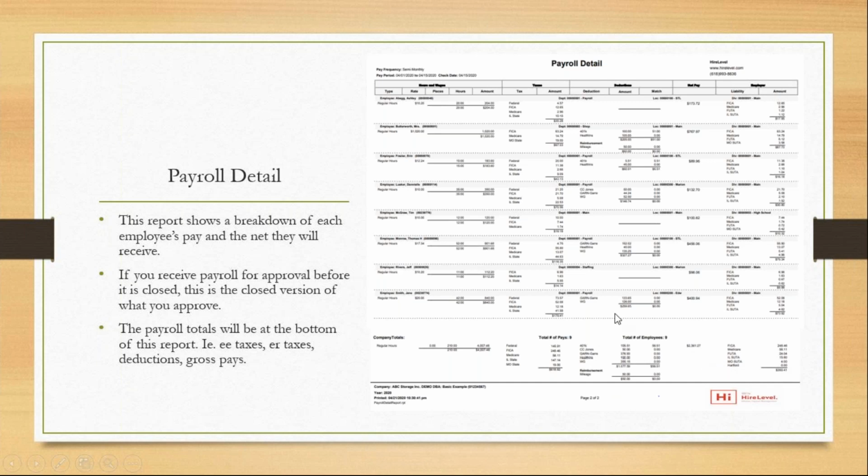So this is a nice report to view to see a breakdown of each employee for every payroll that you have. So for some of you that approve your payroll before it is closed, this is the closed version of what you receive. So it looks just like that, except instead of saying pending for checks, it does not say if it's a check, regular, like a live check or a direct deposit here.